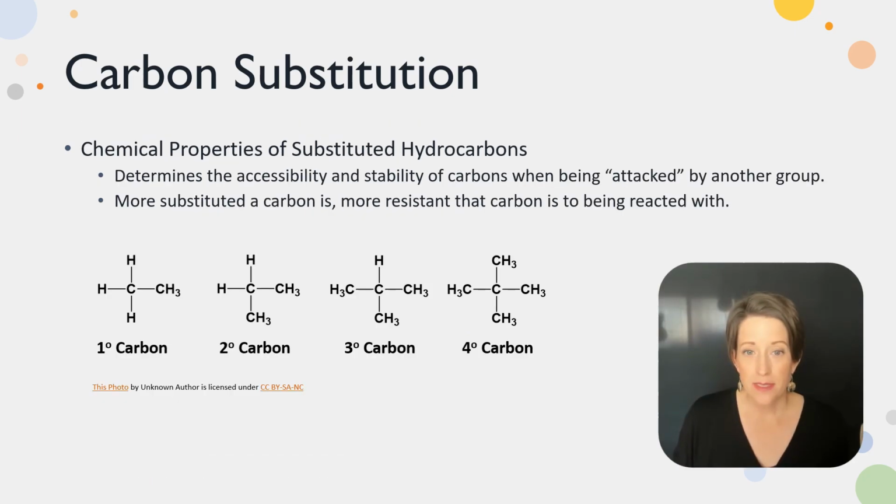Chemical properties of hydrocarbons is the ability for a carbon to undergo a chemical reaction. One chemical reaction we know of is combustion, and we learned that back in our general chemistry curriculum. How successful a chemical reaction is determined by the accessibility and stability of the carbons that are going to be attacked or reacted with by another group.